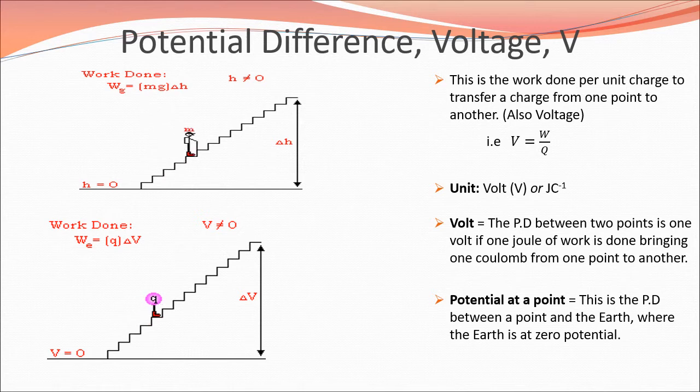The earth can absorb or supply as much electric charge as needed. So if we were to measure the difference between zero potential and the potential at a particular point in our circuit, that would be the potential difference between that point, or the voltage required to move our charge from Earth to that point.